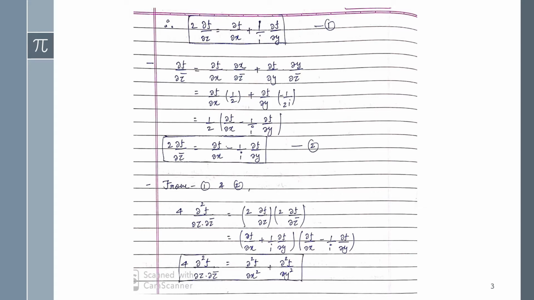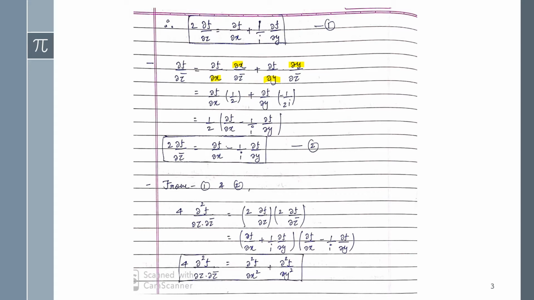This is for the z̄, so with the same procedure, ∂f/∂z̄. This one again we will write in terms of x as well as in terms of y. So ∂f/∂x into ∂x/∂z̄ plus ∂f/∂y into ∂y/∂z̄. Again we have the value of x with respect to z̄ and y with respect to z̄.